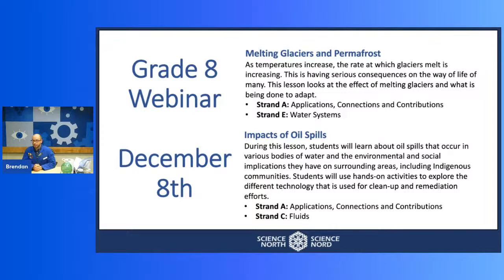Each of these fit into strand A, with applications and connections to the real world. And then the melting glaciers fits into water systems, and the impact of oil spills fits into fluids, where you can probably flip them around or use them in both. They have that broad scope for each of them.